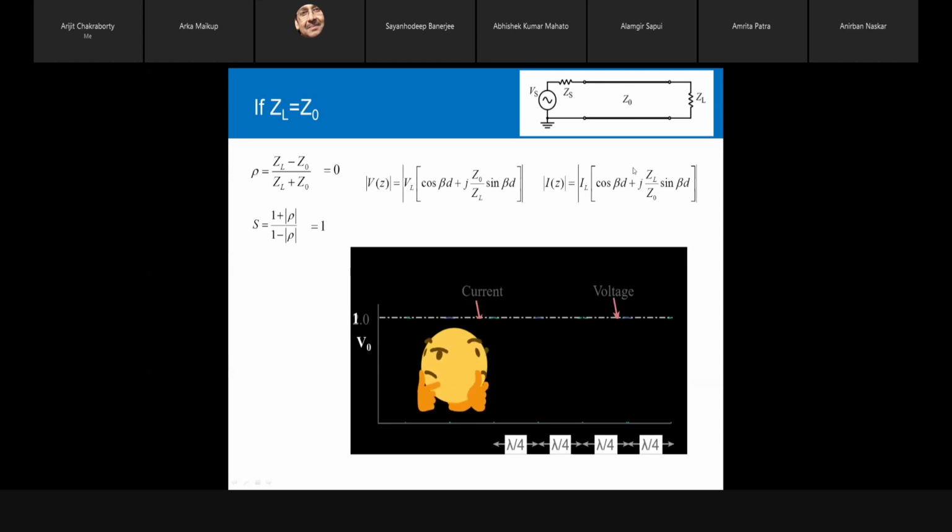Remember, for a DC circuit, they're the same. Z in and ZL, it is the same when they're shorted. And there is no concept of line impedance. So line impedance is basically when you are using a transmission line for any time harmonic signal propagation. So now you tell, what do you understand by Z naught?